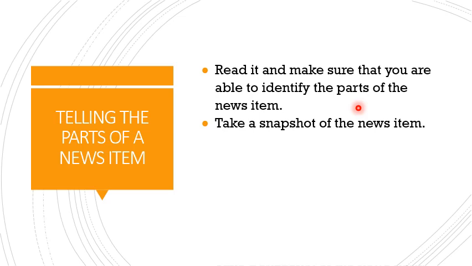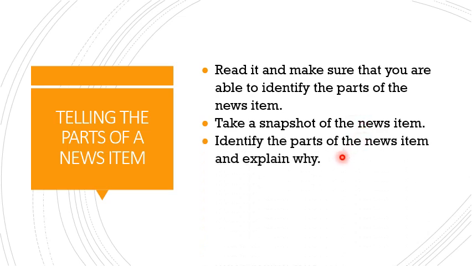You take a photo of the screen of the news item. Identify the parts of the news item and explain why. Tell what is the news source, the news photo caption, the headline, the place, the date and time, the news summary. And you will explain why.